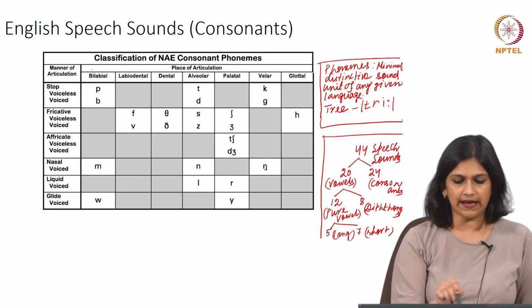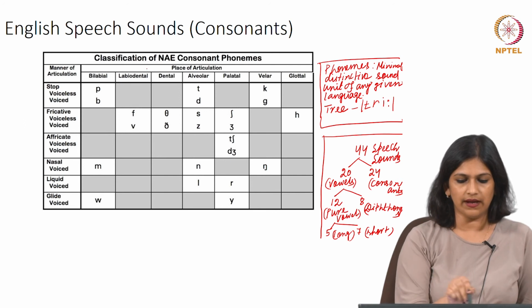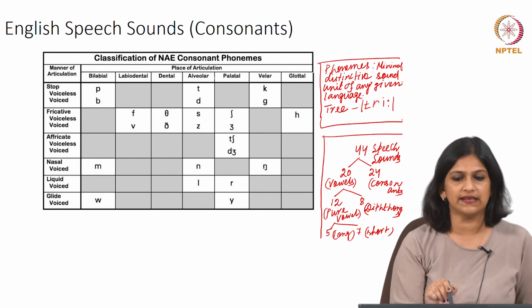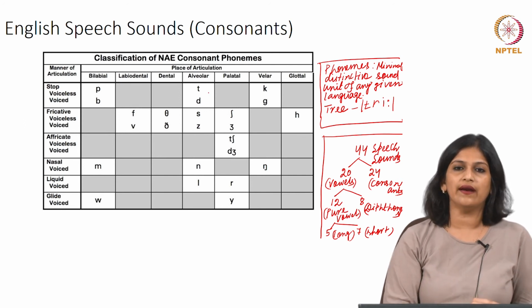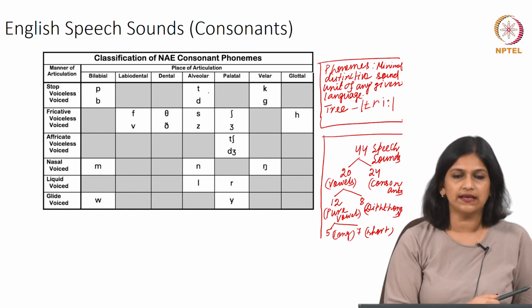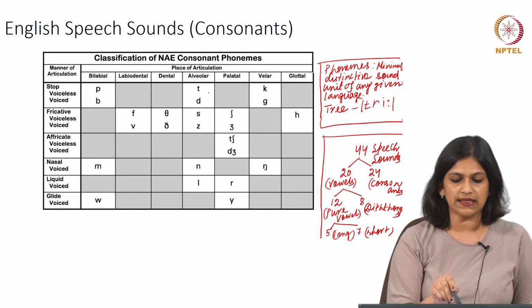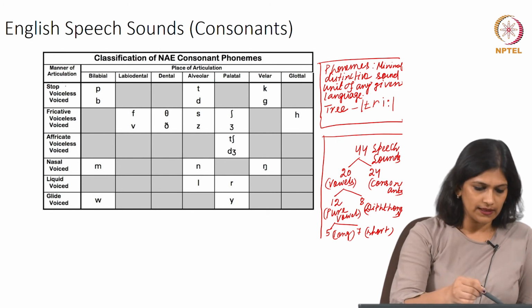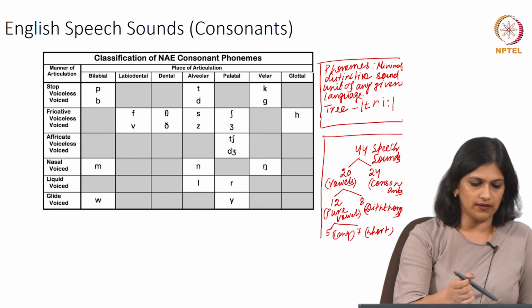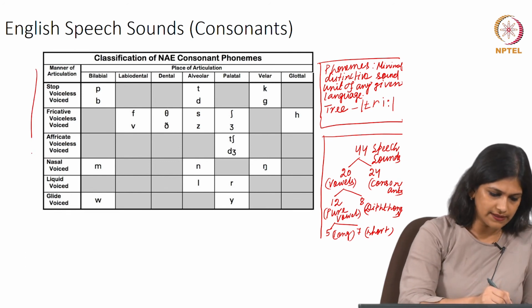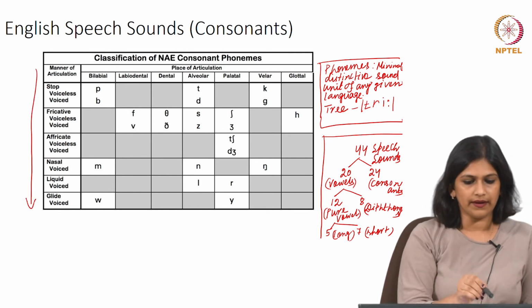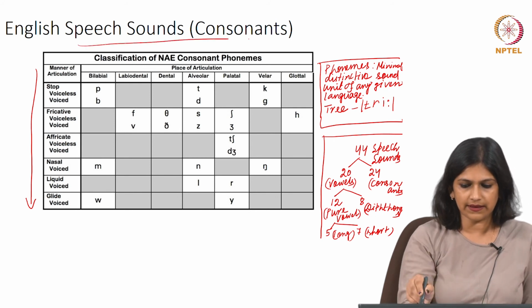This area is written for place of articulation, meaning which speech organs are involved to produce these sounds. This side is the manner of articulation, and this is the place of articulation.